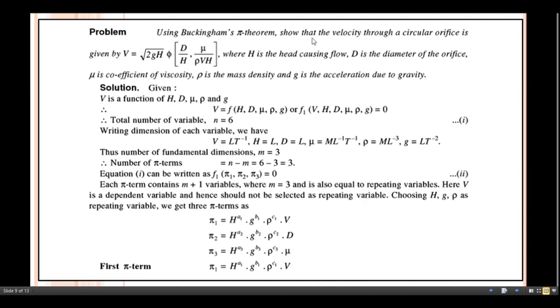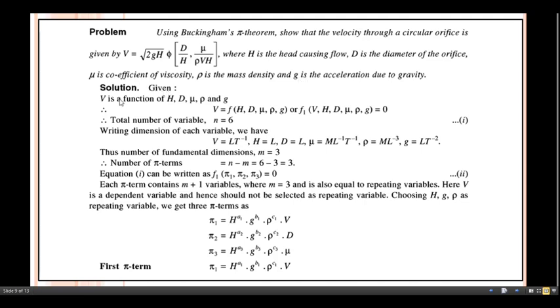Using Buckingham's pi theorem, show that the velocity through a circular orifice is given by v equals root of 2gh into phi of d by h, mu divided by rho v h, where h is the head causing flow, d is the diameter of the orifice, mu is the coefficient of viscosity, rho is the mass density, and g is the acceleration due to gravity.